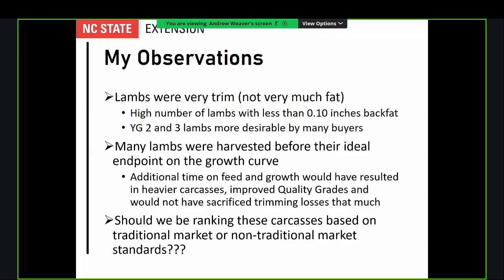And planning ahead for that, knowing where the trends are going, okay, I can add value up to this weight, and after this weight, that's where I'm really seeing the drop off in market value. I can add value by making animals that, instead of being in that choice and good grade, are now in the choice and prime grade.